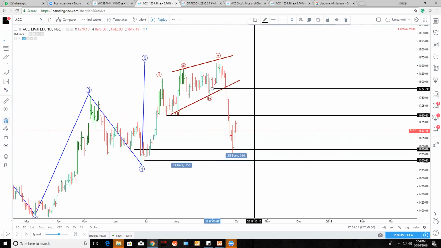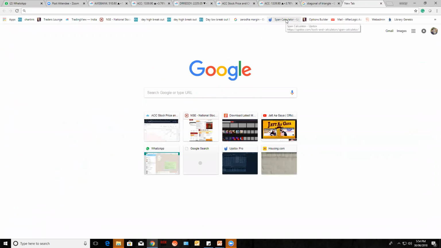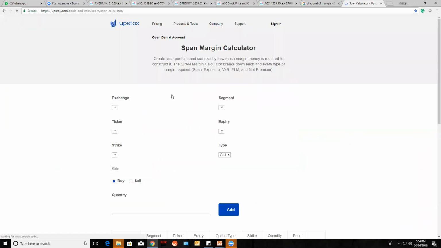177 points in ACC. What is the lot size of ACC? Let's take a span calculator.